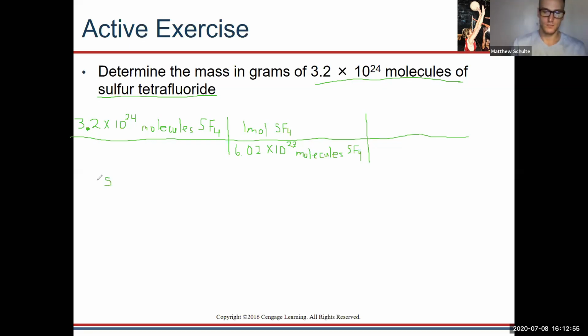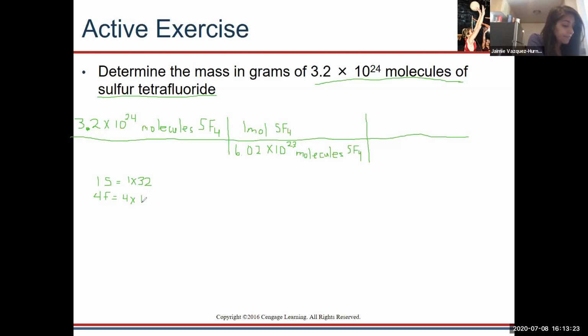We have 1, and the mass is 32.06. I'm going to be lazy, I'm just going to write 32. Since tetra is 4, we're going to multiply that with 19. So that's 76.